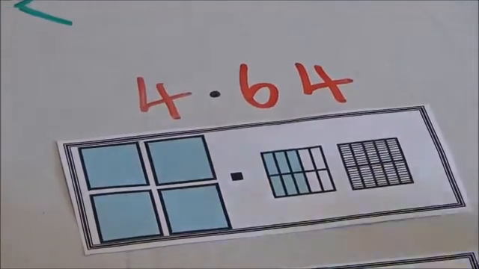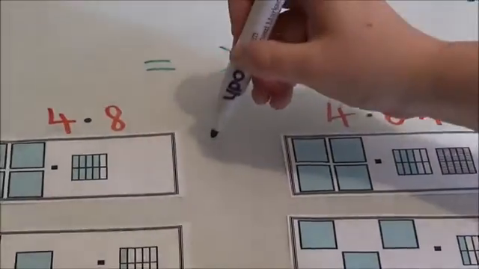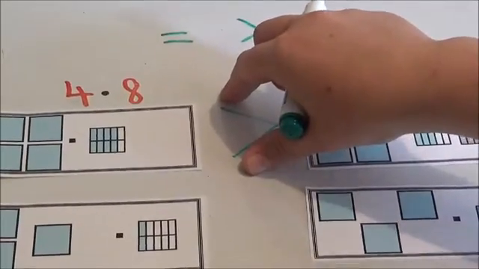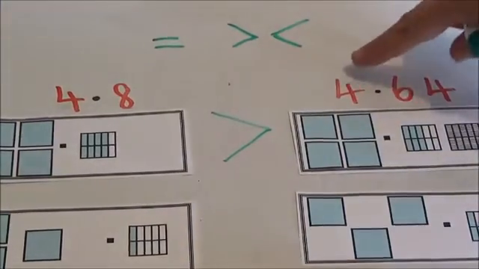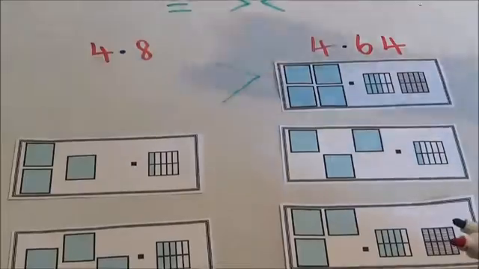You can clearly see here I've got more tenths here than I have here. So the larger part of the symbol is going to be facing the larger number, and we're saying that 4.8 is greater than 4.64.